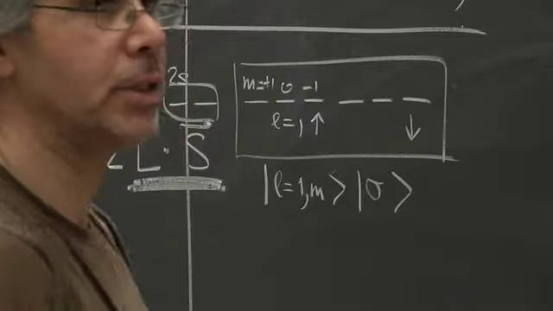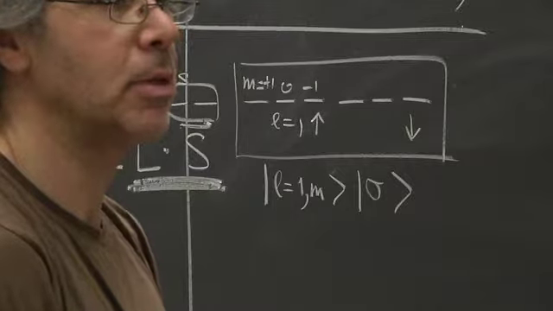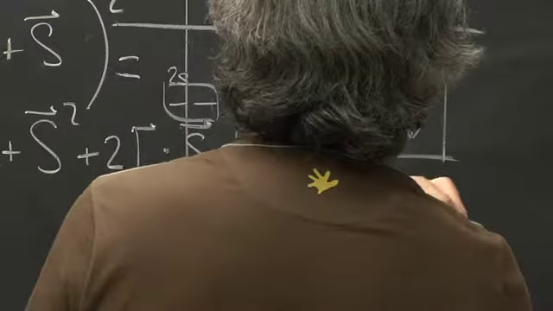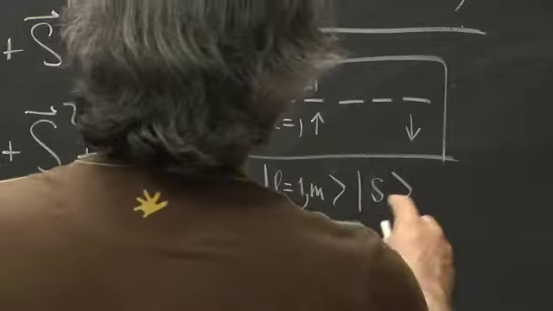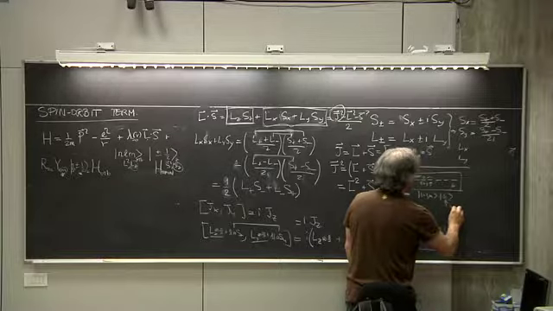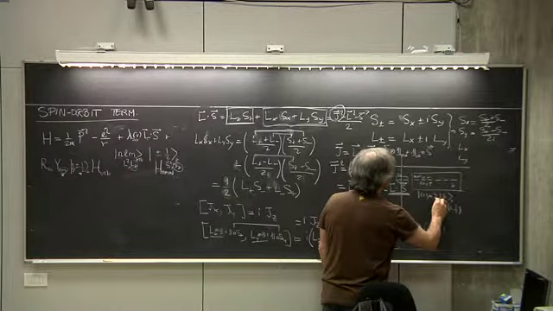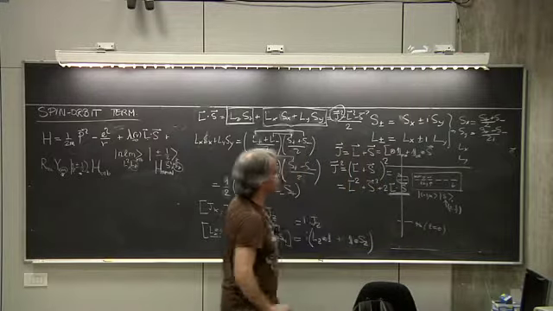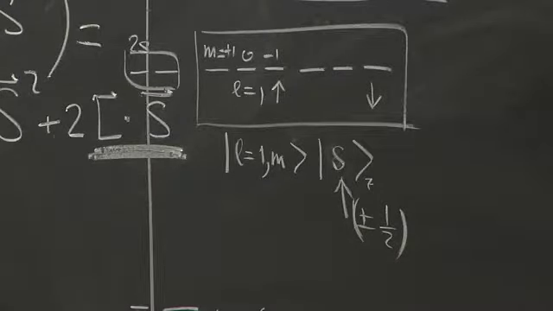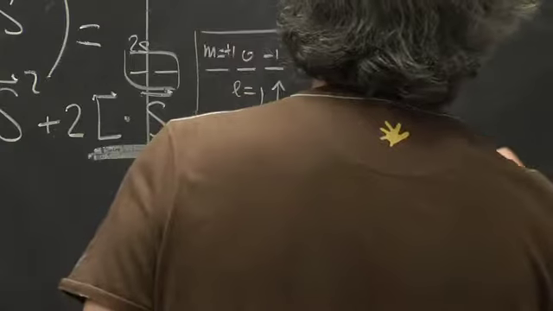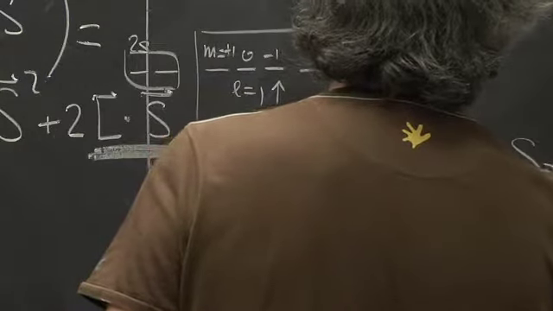How should I call it? I want some label. S, oh, very good, S. Okay, so S could be plus or minus 1/2. So this is the spin along Z, and this is the orbital part of the wave function. Okay, these are eigenstates of LZ and SZ separately.